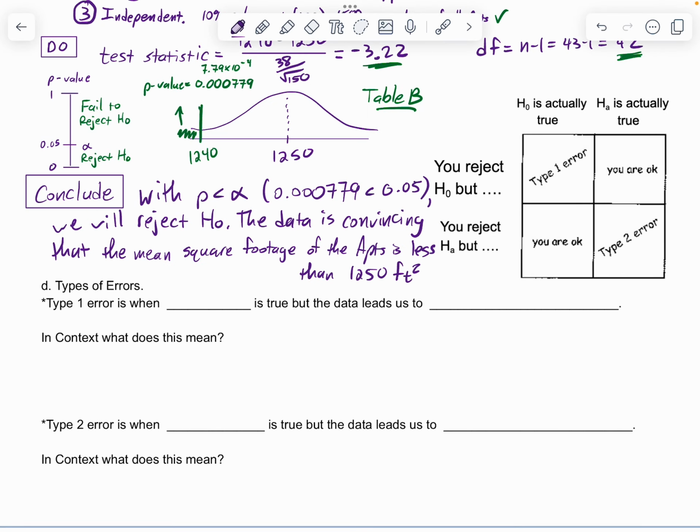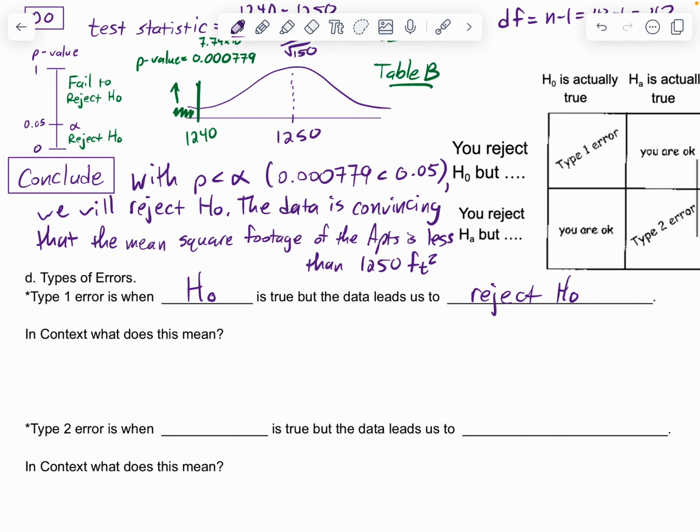Okay, types of errors. A type 1 error is when H null is true, but the data leads you to reject H null. Okay, and so that's what we could have done here. We did reject the null, but what if it was true? In context, what does that mean?